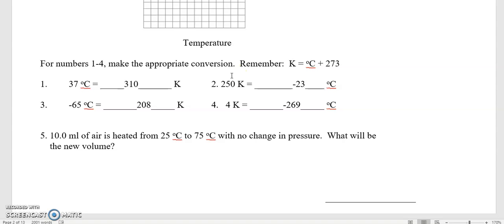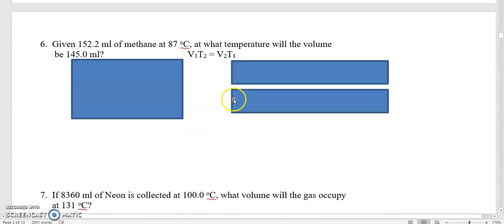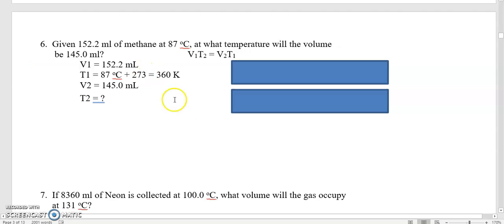So, let's go through number 6 on Charles' law. Given 152.2 milliliters of methane at 87 degrees Celsius, at what temperature will the volume be 145 milliliters? Okay. V1T2 equals V2T1. We have 3 of the 4 total variables.